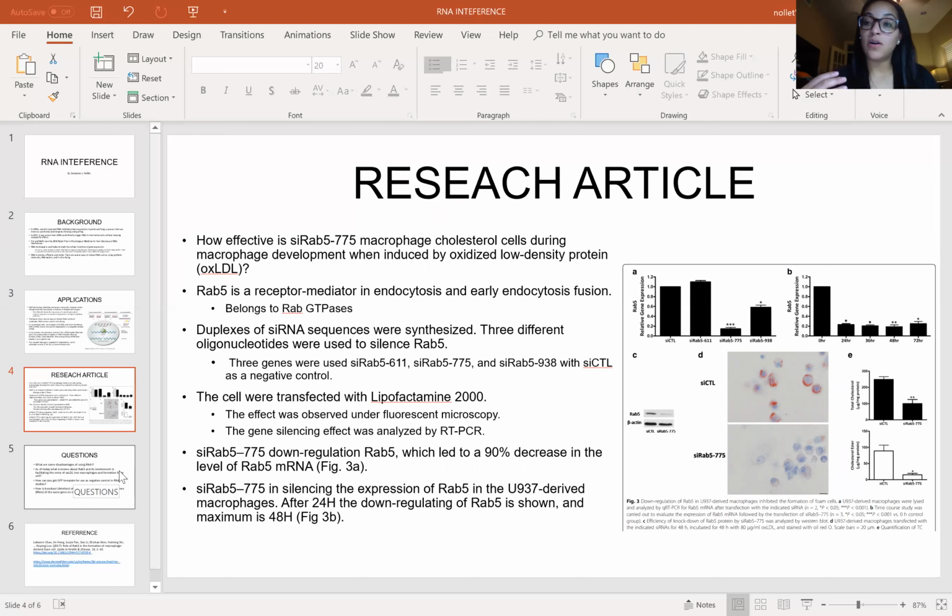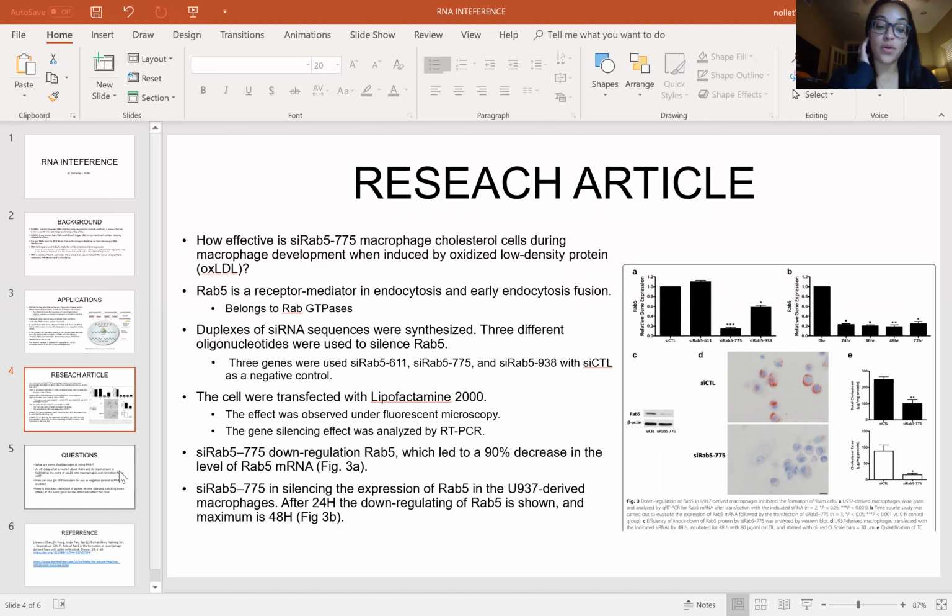It's basically caused by the ingestion of oxidized low-density lipoprotein. And the specific gene that they were trying to identify was RAB5, which is part of the GTPases.